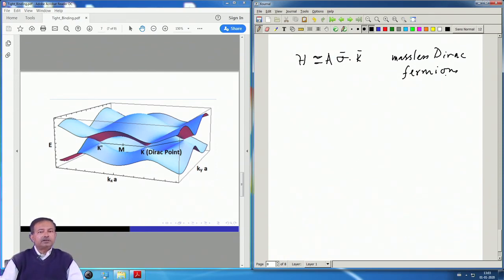And that is a very important discovery, in the sense that this was actually worked out before 1950. It was after graphene came into being, when it was isolated by Geim and Novoselov, that the interest in graphene came back and people started working on it.